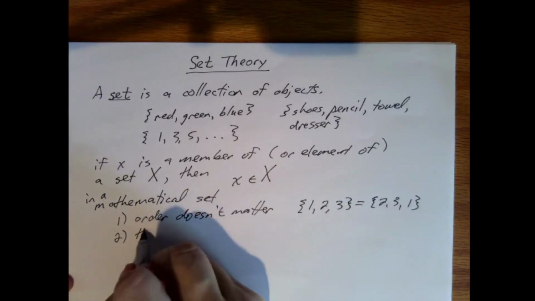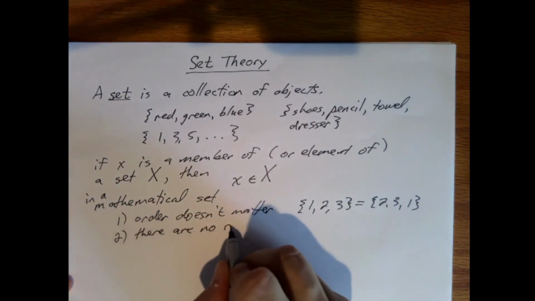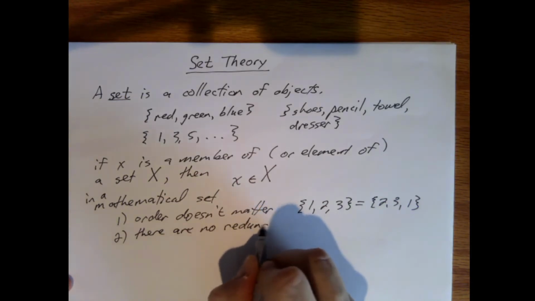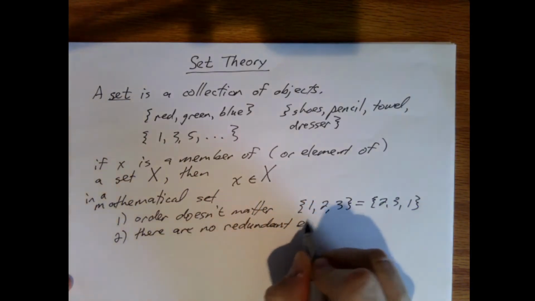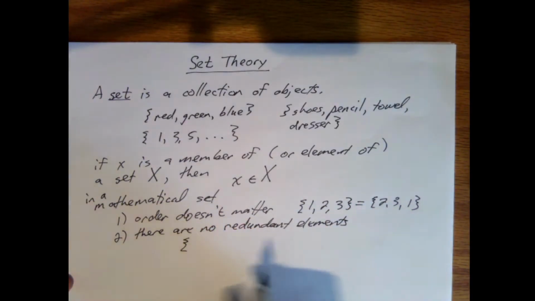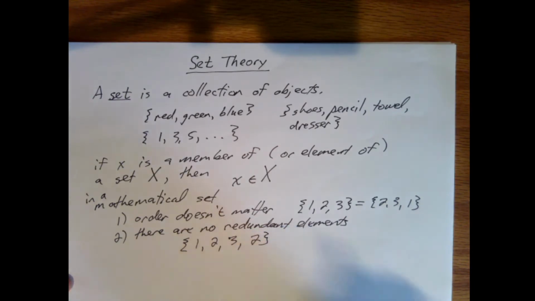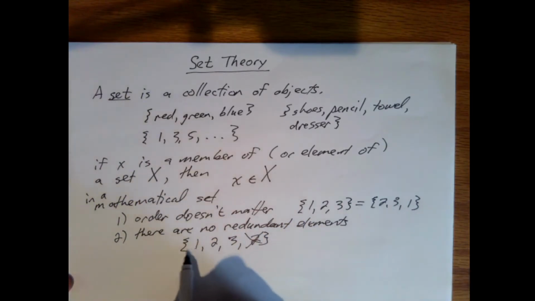And there are no redundant elements. So we wouldn't have this: 1, 2, 3, 2. Okay? So that's redundant. So this is really the set.